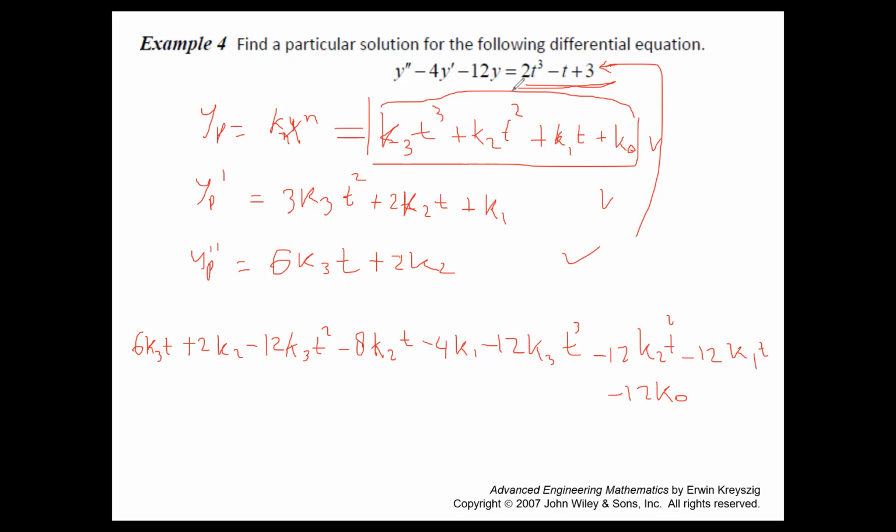And they are equal to this. So what you're going to do is equalize the coefficients of each exponent. First, the exponent of t to the power of 3.